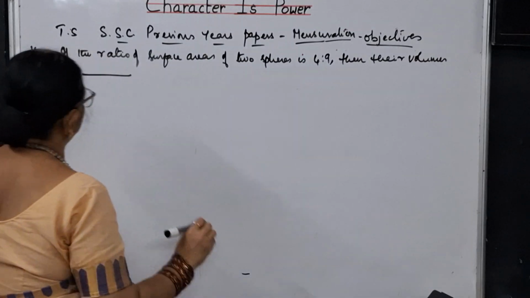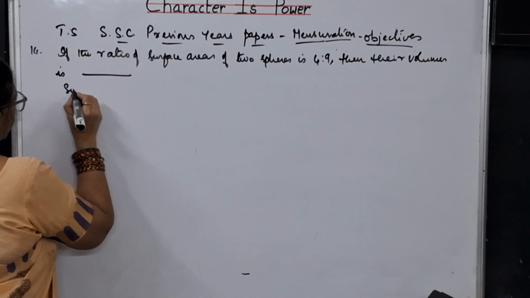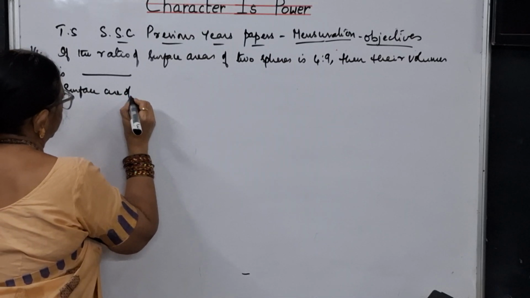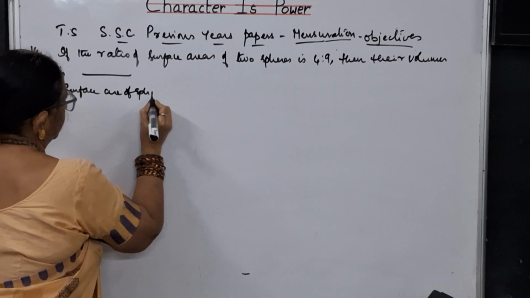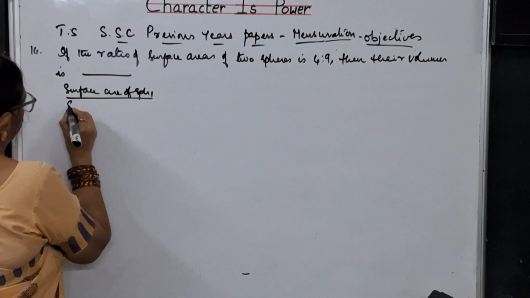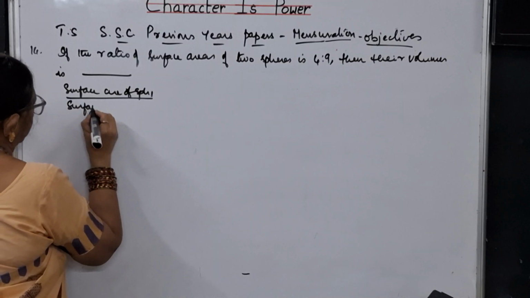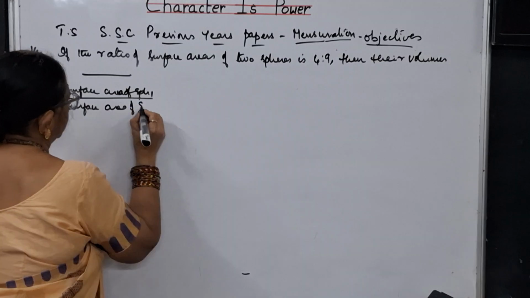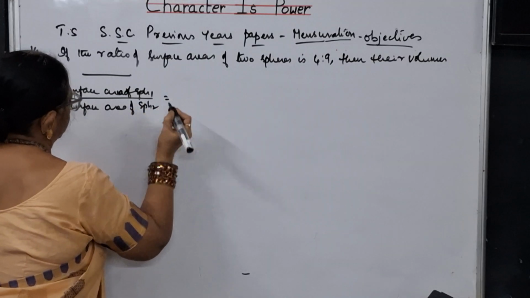What is the ratio? So surface area of sphere 1 by surface area of sphere 2.